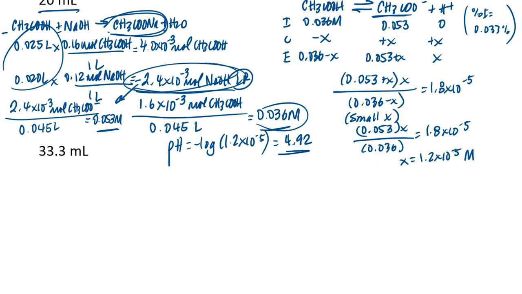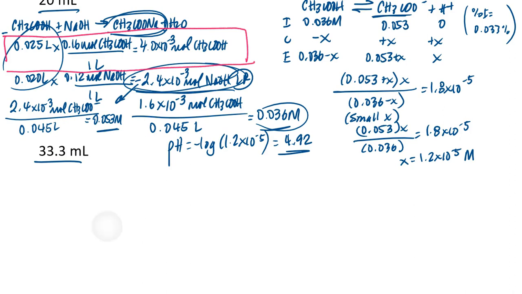Okay, now, what happens after 33.3 milliliters of base have been added? Well, if I go ahead and do the calculations, I already have my calculation of the initial amount of acid present. So I'm going to be reusing this in the parts that follow.